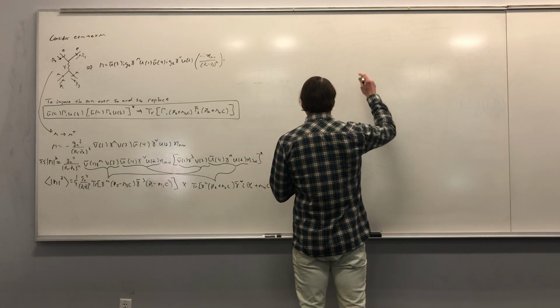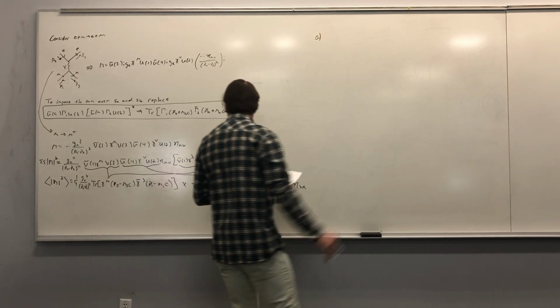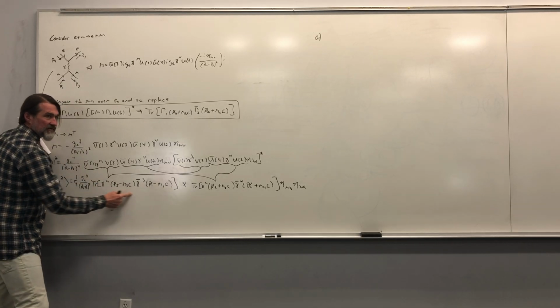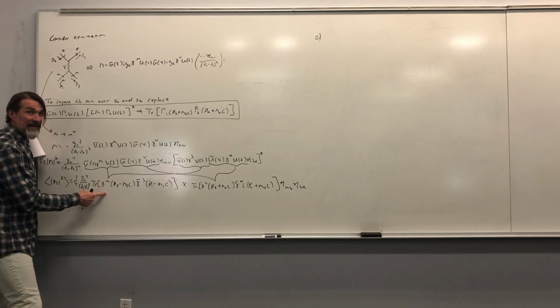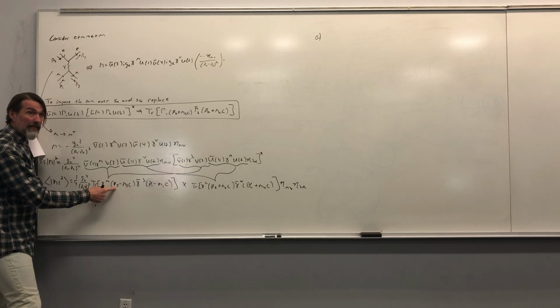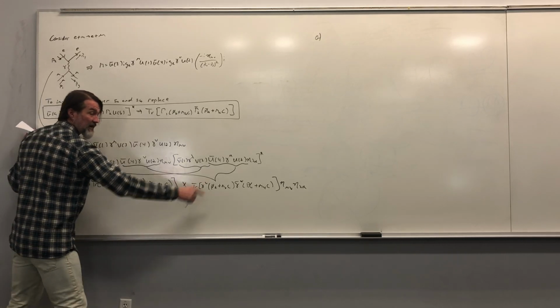First of all, notice the only thing in this expression which is non-trivial in spin space is the matrices, and they're all gamma matrices. This is a gamma matrix. P slash is gamma d mu. That's a gamma matrix. All of these are gamma matrices.